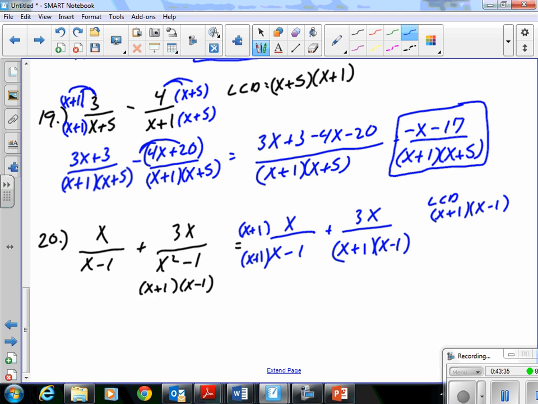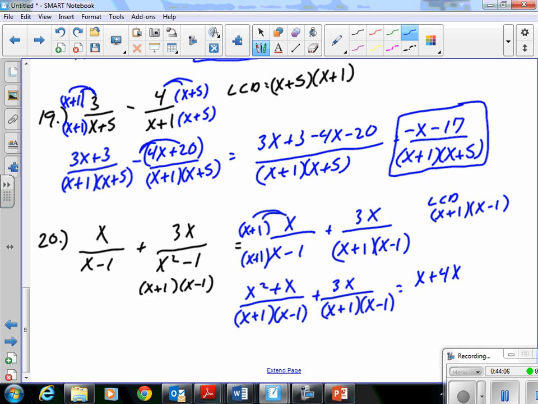That's going to give us, distribute that through, x squared plus x over (x plus 1)(x minus 1), added to 3x over (x plus 1)(x minus 1). Add those together, x squared plus x plus 3x, and that gives me x squared plus 4x over (x plus 1)(x minus 1).